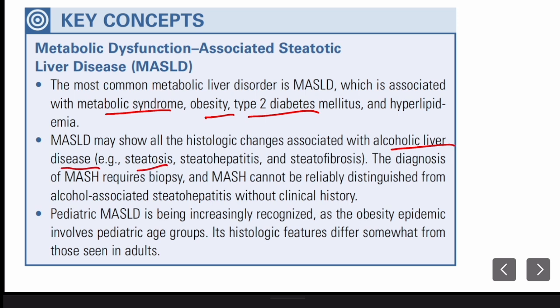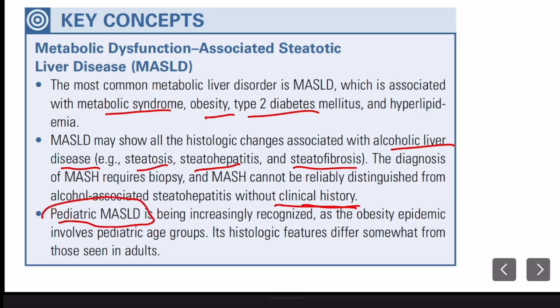So there will be steatosis, steatohepatitis, and fibrosis, later on cirrhosis in the end stage. Diagnosis requires biopsy. Some radiological investigations and blood tests can also be done, but biopsy is the gold standard. It is very difficult to distinguish it from alcoholic liver disease without a clinical history. So the history of alcohol consumption and the quantity of alcohol consumed per day is very, very important.